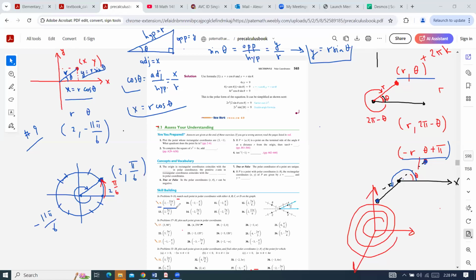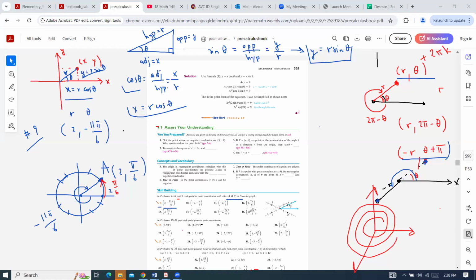So got this picture. So what are we trying to do? See, it's either A, B, C, or D on the graph. Looks like it's A. Notice angle is pi over 6 and distance is 2. So it's point E. It looks like there are various possibilities here to end up with. It's interesting to start to get used to those pictures.